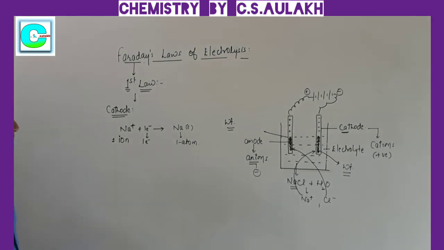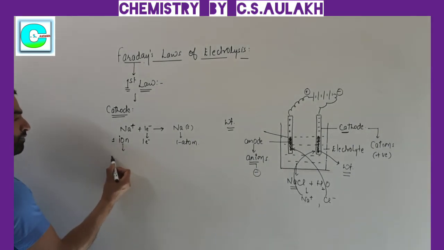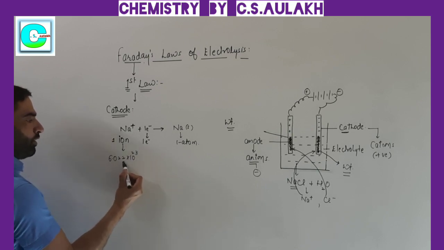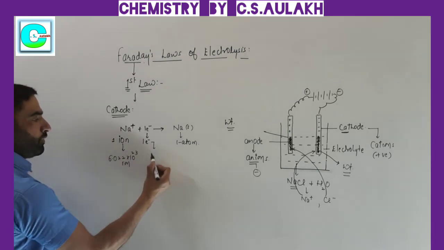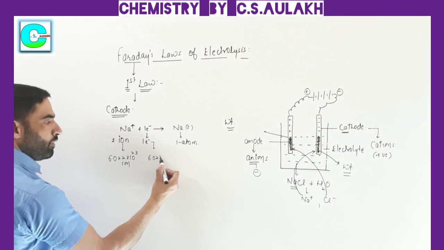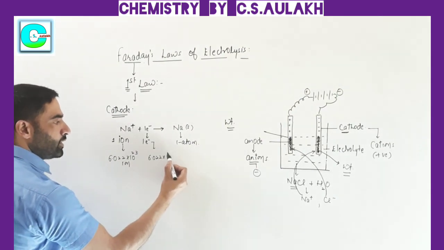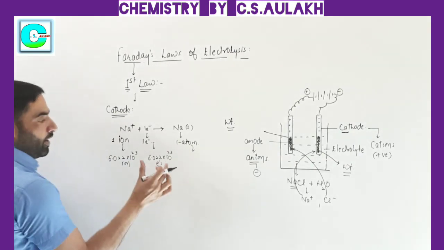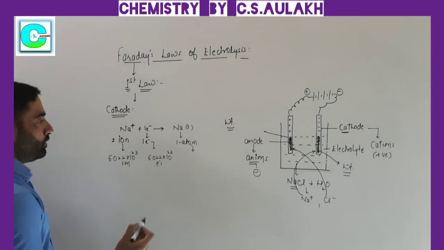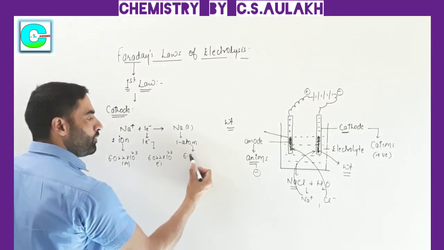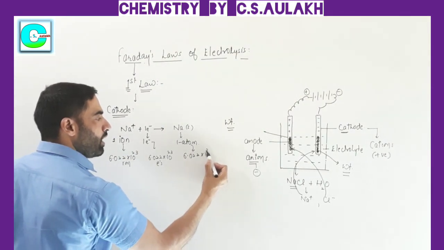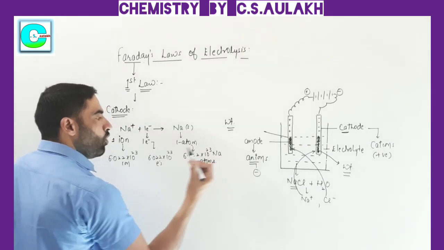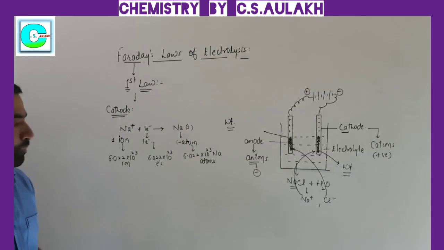So if we go further, if we have 6.022 × 10^23 sodium ions, there is the need of 6.022 × 10^23 electrons, and with the gain of these electrons there will be the deposition of 6.022 × 10^23 sodium atoms over the surface of cathode.